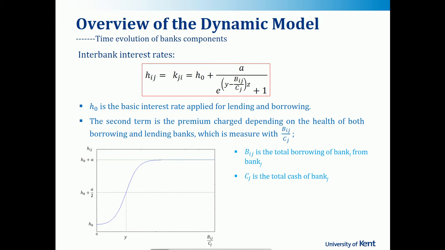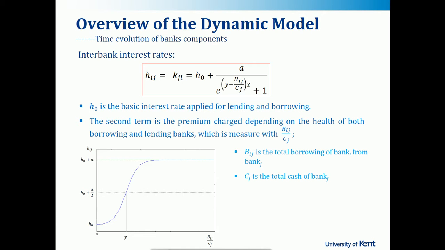This figure shows the behavior of H_IG for different values of B_IG divided by C_G. When B_IG divided by C_G equals 0, the interest rate is close to H0. When B_IG divided by C_G goes to infinity, the rate becomes H0 plus A, which is the maximum value possible.